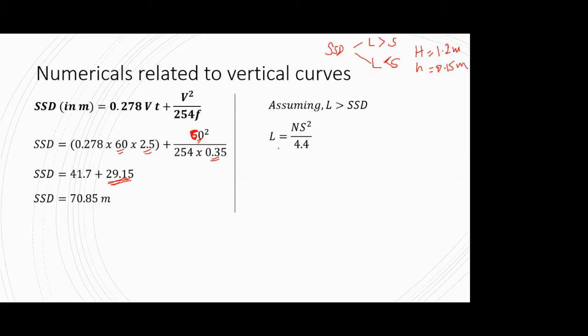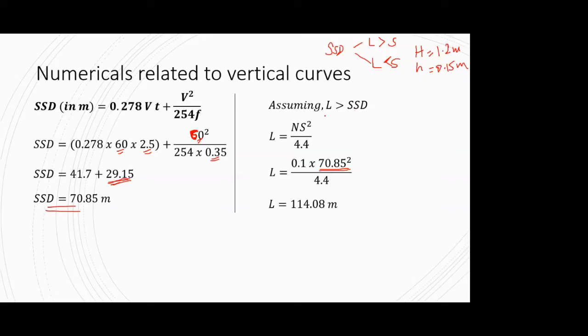So that's why we are directly taking the formula L equals NS square upon 4.4, and substituting the stopping sight distance we have got here. N is the deviation angle that we found out in the last slide. So by that we get the length of the summit curve as 114.08.